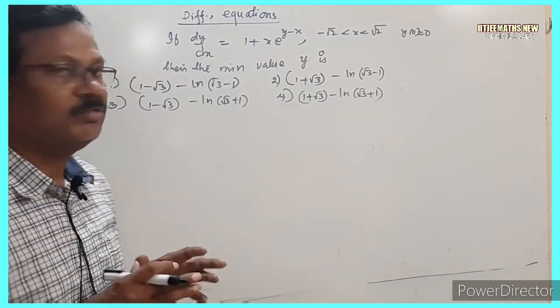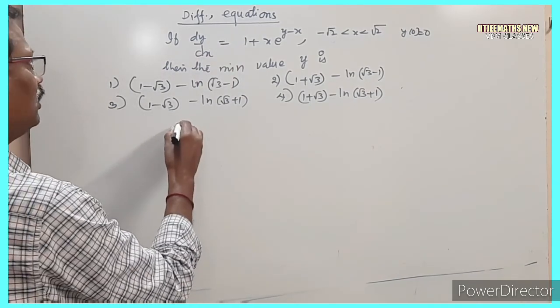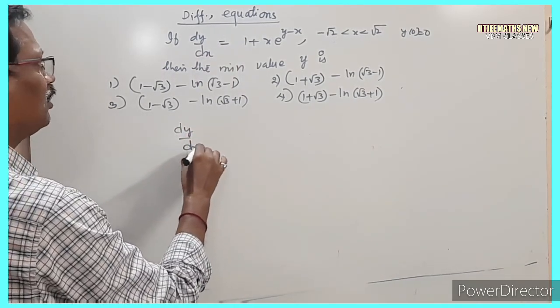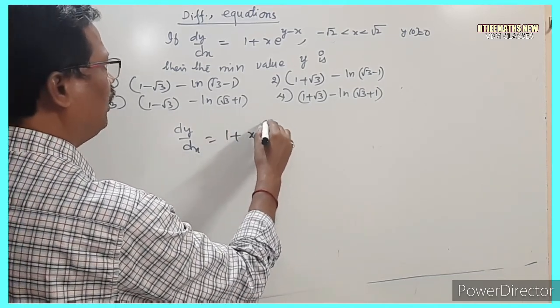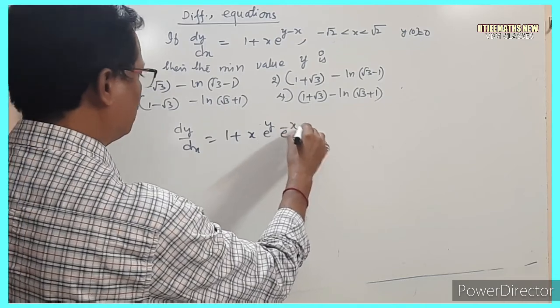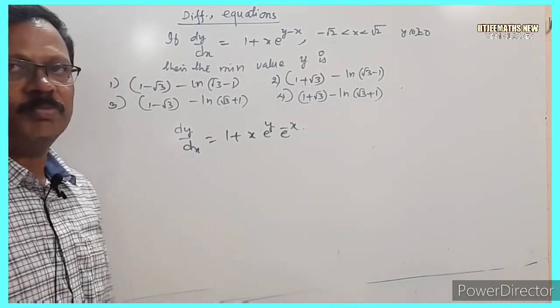Now first let us solve the differential equation. How do we solve this one? This is dy by dx equals (1 plus x) into e power y into e power minus x. Now multiply with e power minus y.